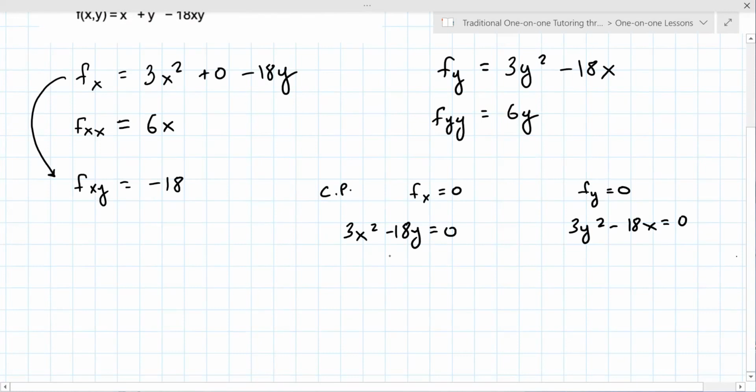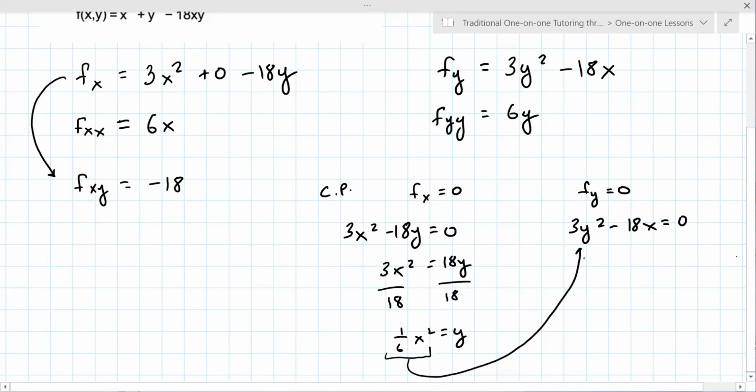If we do a little bit of manipulation, we get 3x squared equals 18y. If we divide both sides by 18, we get 1/6 x squared equals y. And then you can take this and put it in there for that y.